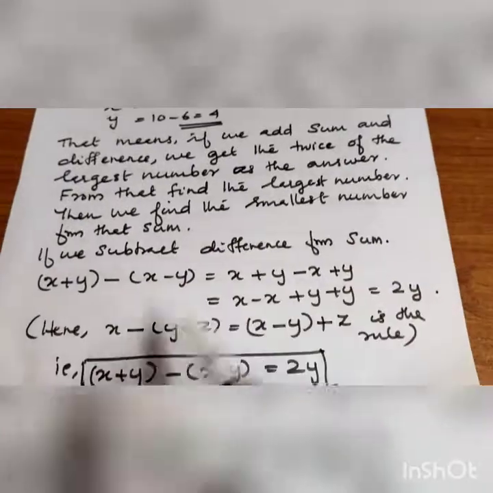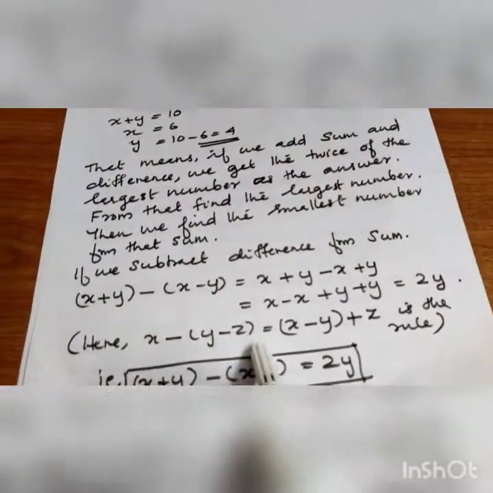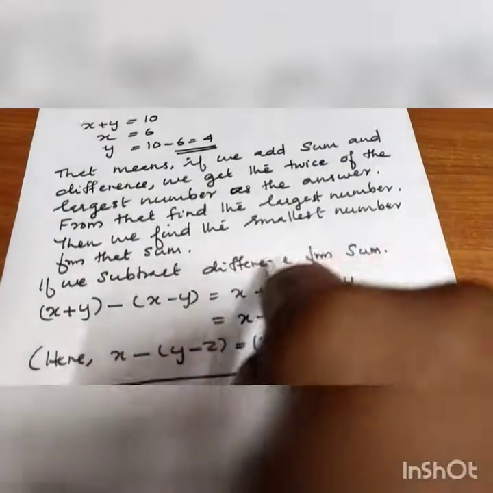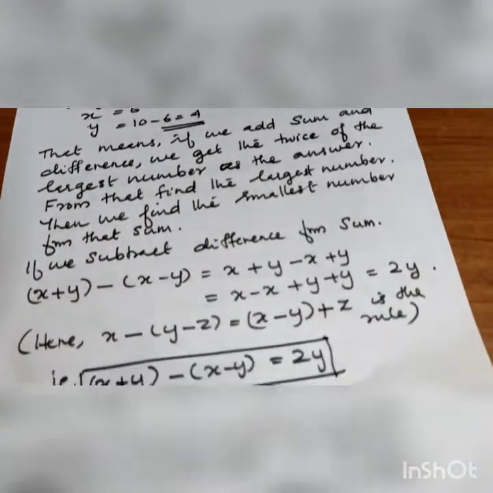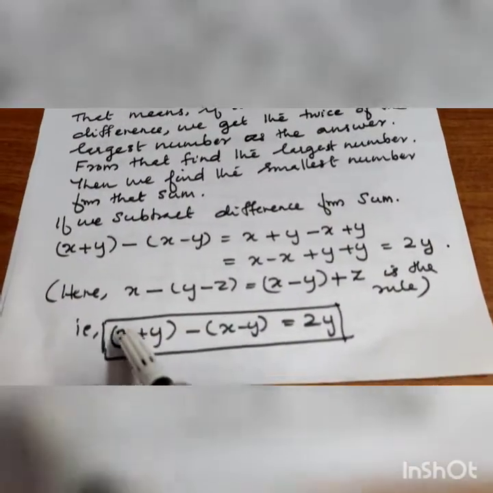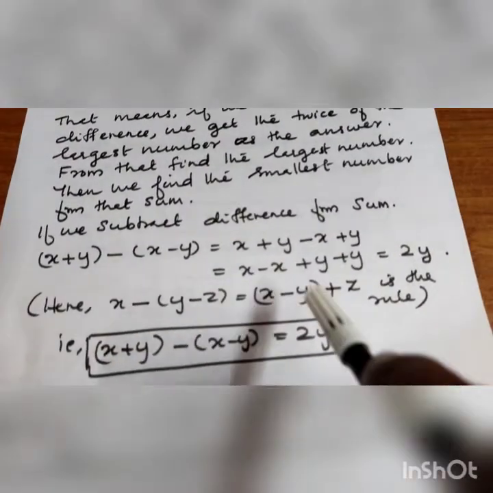That is, we use the rule x minus (y minus z) is equal to x minus y plus z. So x plus y minus (x minus y) is equal to 2y.